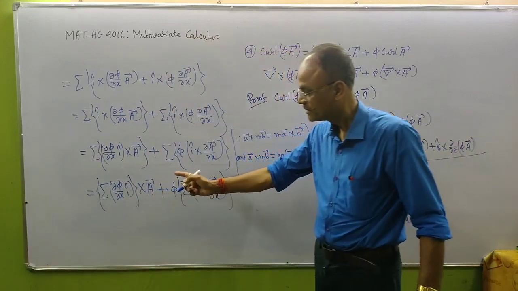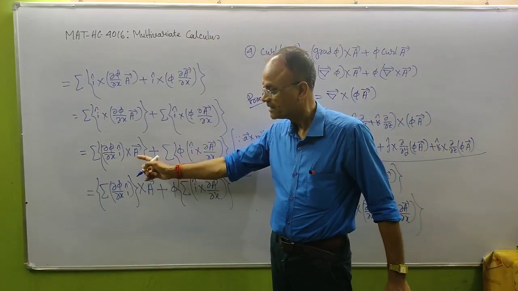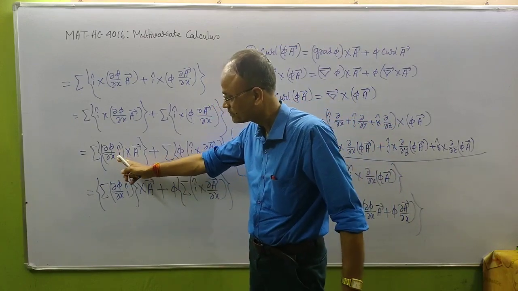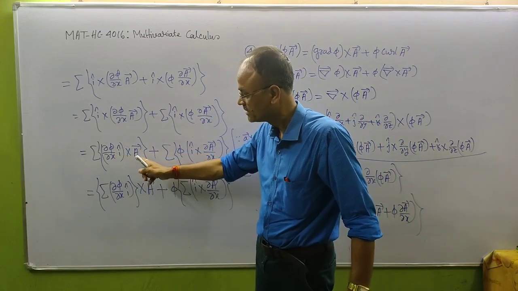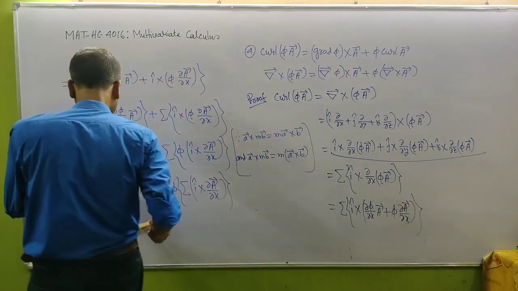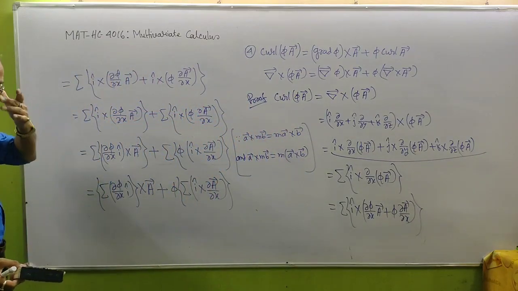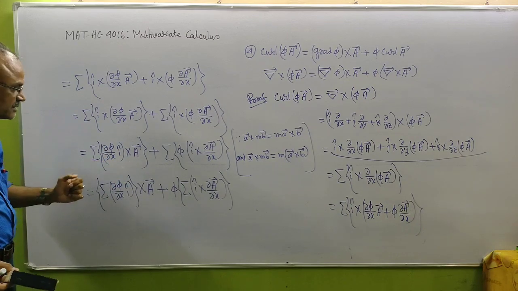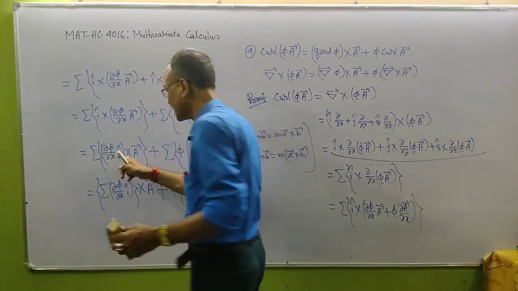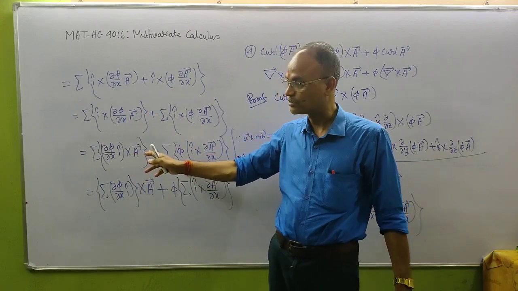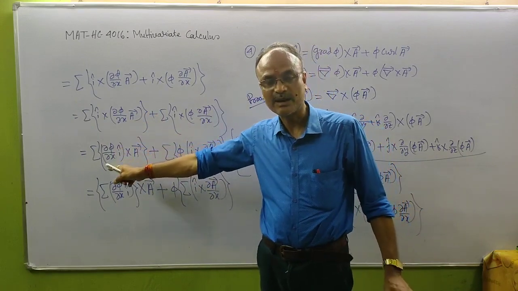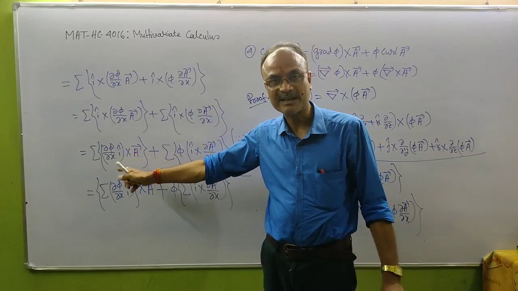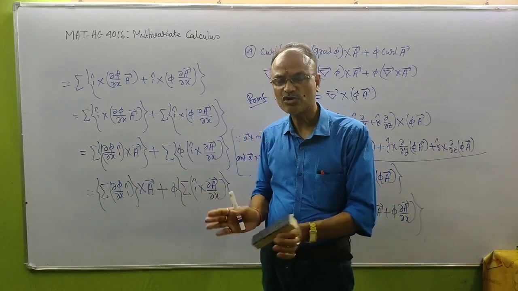What is the summation of this? It will be delta phi by delta x i cap cross A vector plus delta phi by delta y j cap cross A vector plus delta phi by delta z k cap cross A vector.